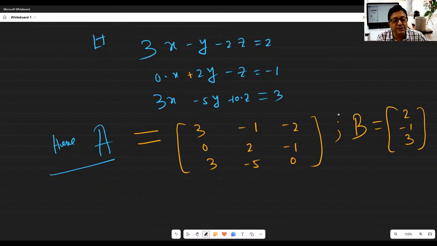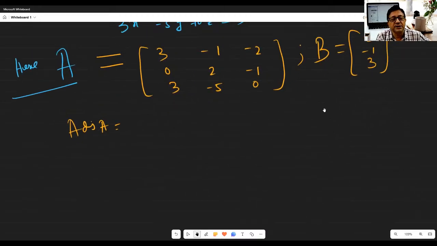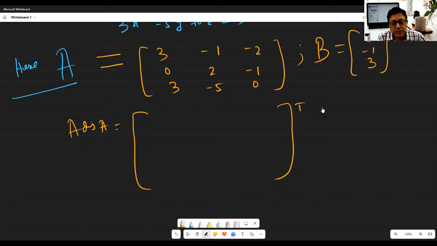We will find adjoint A. Hope you remember. Here adjoint A is the transpose of the cofactor matrix. So the transpose of the cofactor matrix: for the first entry, the minor from the remaining rows and columns is 1, minus 1, minus 5, 0. Then for the next, 0, minus 1, 3, 0, then 0, 1, 3, minus 5.